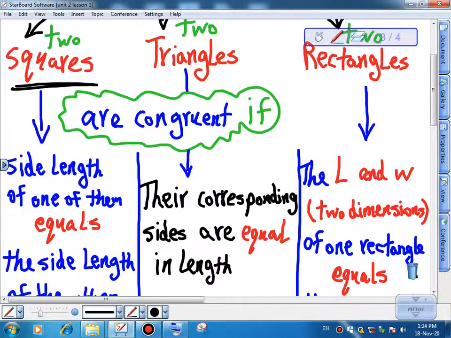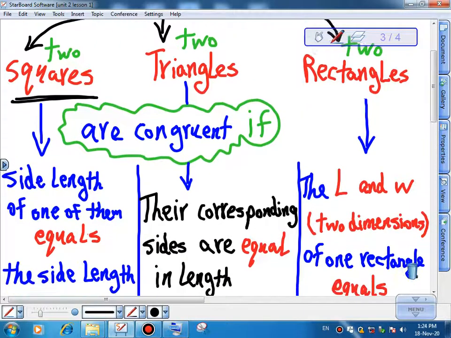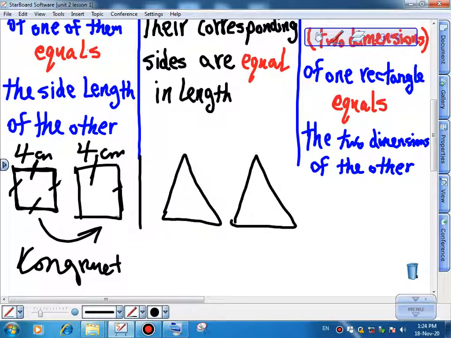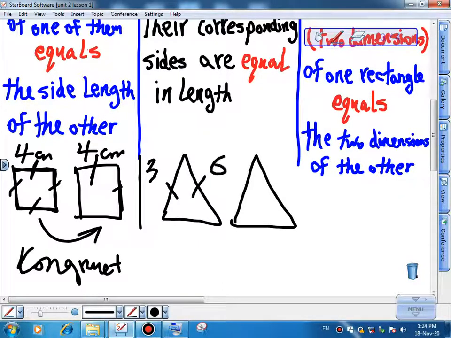Okay, the next one. If I have two triangles, they are congruent if their corresponding sides are equal in length. If I have two triangles like this, and this side equals 3, this side equals 6, this side equals 4, and in the other one this side equals 3, another 6, another 4, I don't need to check the angles.